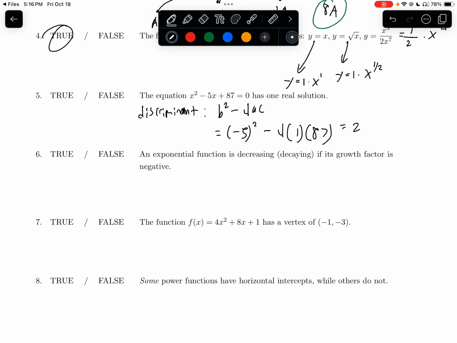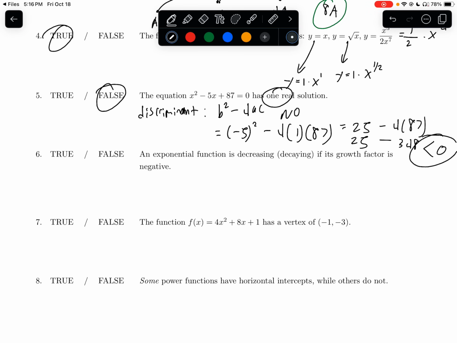And so now I'm doing negative 5 squared, 25, minus 4 times 87, and I don't know what 4 times 87 is. It's like 348, I think, but it doesn't matter because if I do 25 minus that number, I'm going to get something that's very much negative. And so we can definitely say that it's less than 0. And because it's less than 0, this has no solutions. So this equation has no solutions.